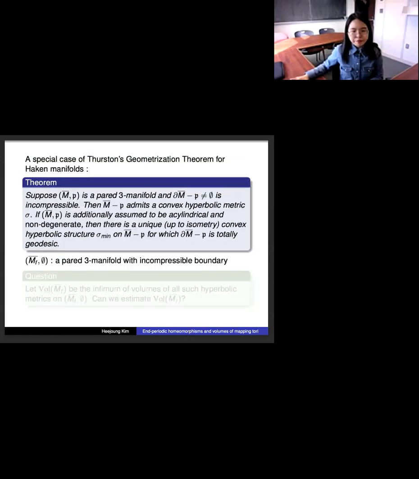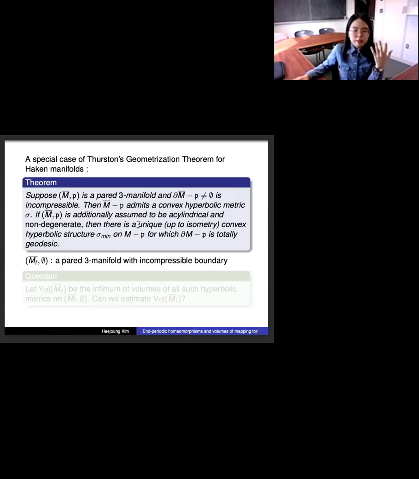Then a special case of the Thurston geometrization theorem for Haken manifolds is the following. For a paired three manifold M bar, if the complement of the pairing locus in the boundary is incompressible, then M bar minus the pairing locus admits a convex hyperbolic metric.